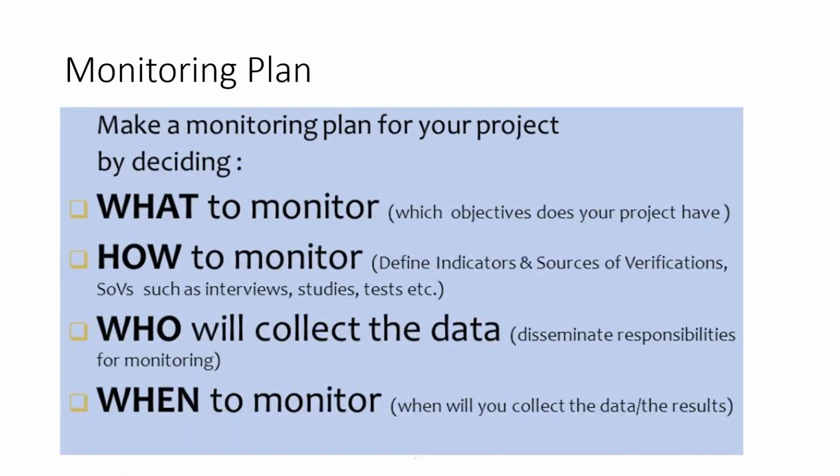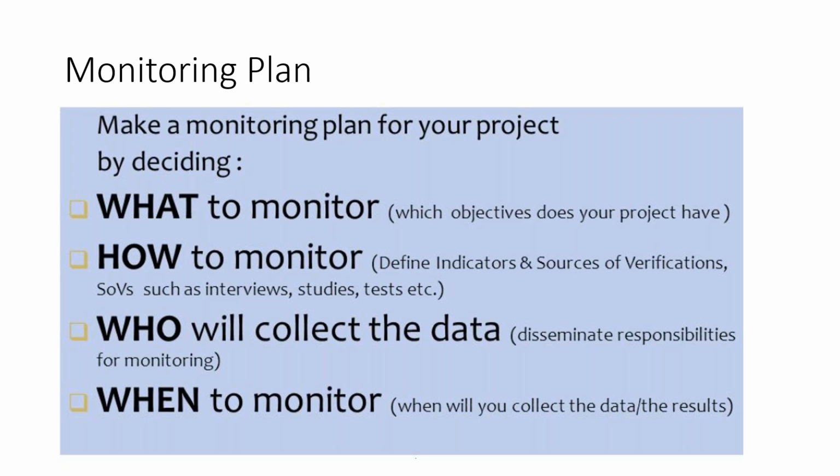When you get into the monitoring plan, you'll have some basic questions: what to monitor, how to monitor, who will collect the data, and when to monitor. What to monitor means which objectives your project has. How to monitor means defining indicators and sources of verification, such as interviews, studies, test cases and stuff like that.